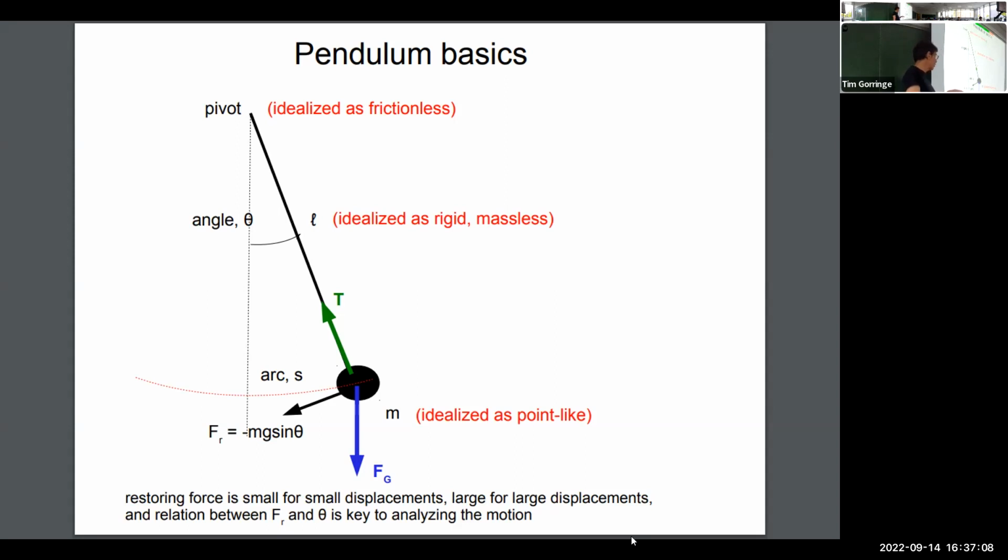It contributes no mass. And often we idealize the pendulum bob as a point-like mass rather than a distribution of mass. So in the simple pendulum, there are lots of idealizations that often we don't think about anymore, but there are lots of idealizations in the problem.